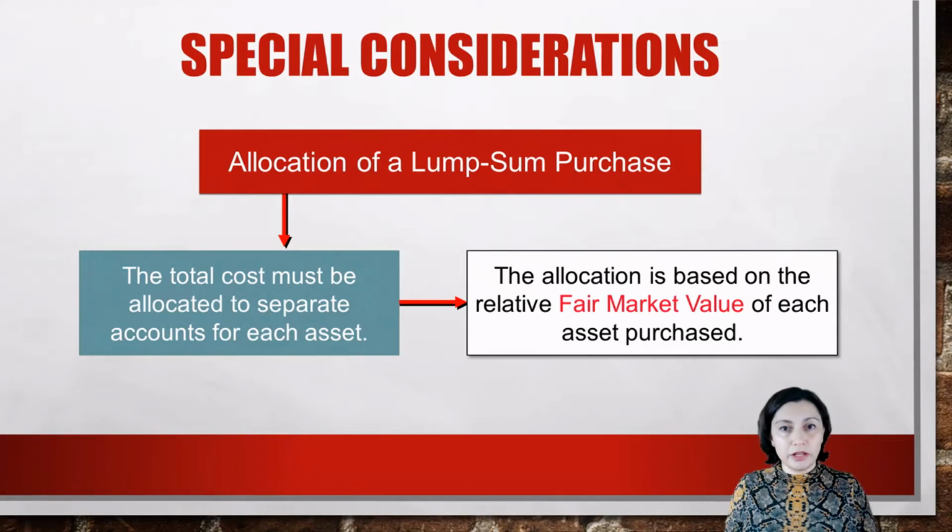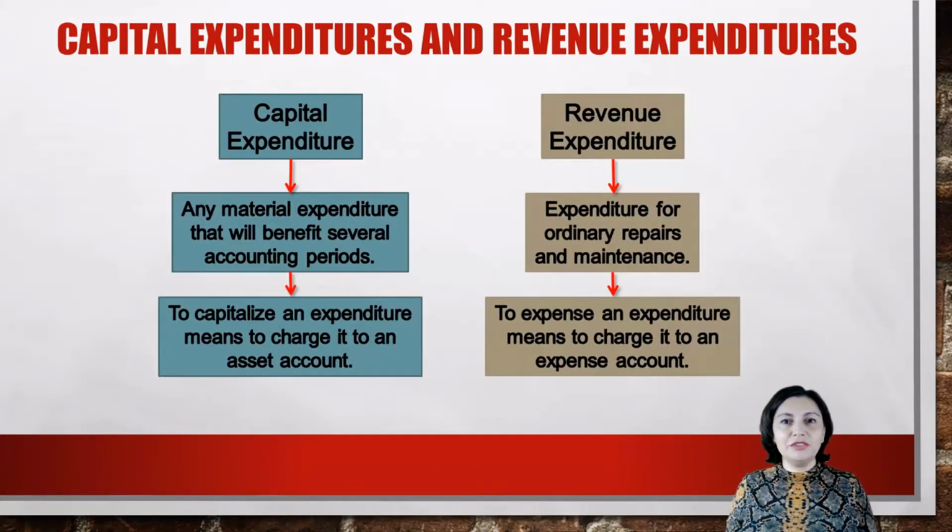After a plant asset is purchased, the company may incur additional expenditures on that asset. These expenditures may be for repairs and maintenance, overhauls, upgrading the asset, and other expenditures. One way to handle these types of expenditures is to treat them as capital expenditures and charge the amounts to an asset account on the balance sheet.